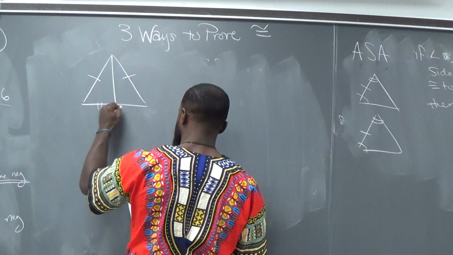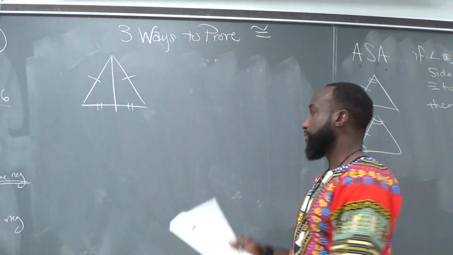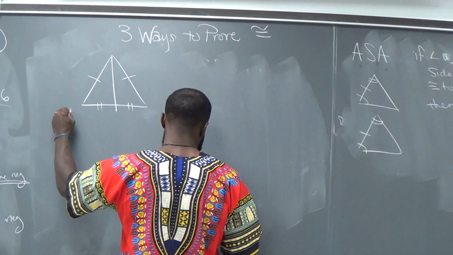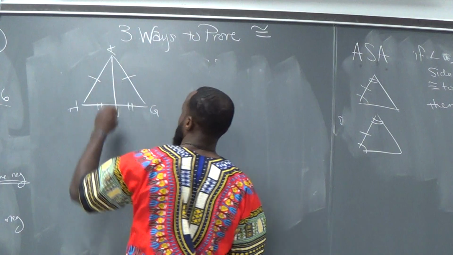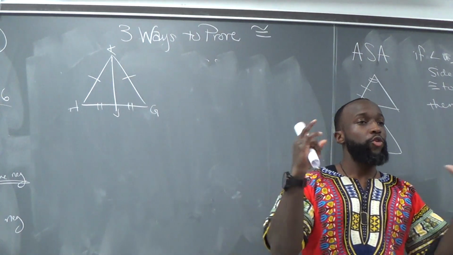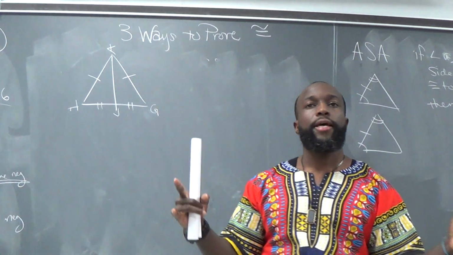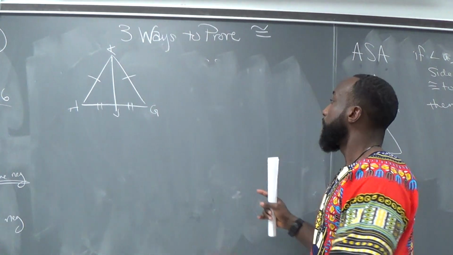Let's make a 2-column proof. Let's label this H, J, G, K. You have some given information here. The given information is going to be your tick marks. Let's start our proof.